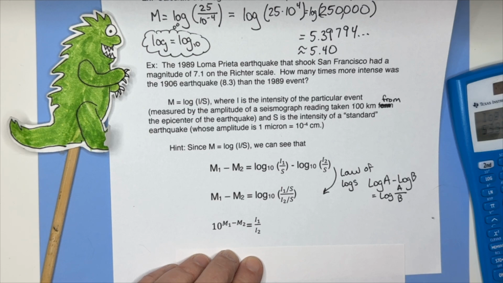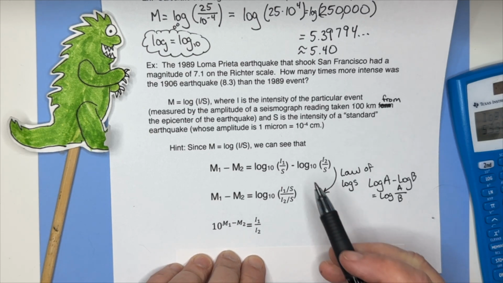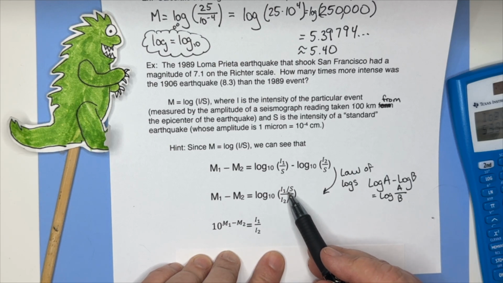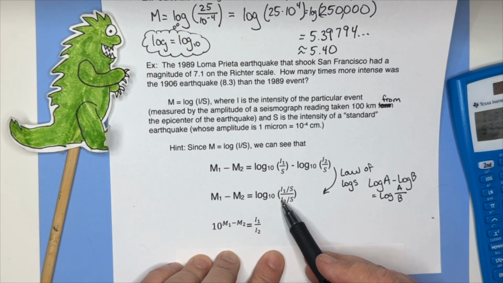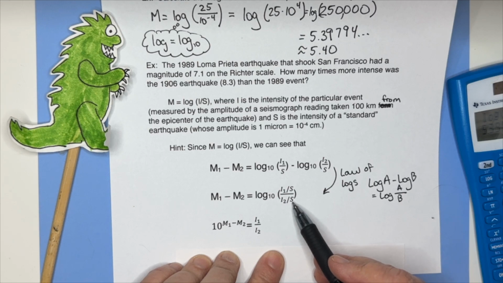I did a lot in this step. The first thing I did was I noticed I had the intensity compared to S and the intensity of the second one compared to S. I can cancel the S's. So over on the right, I just have intensity 1 over intensity 2.